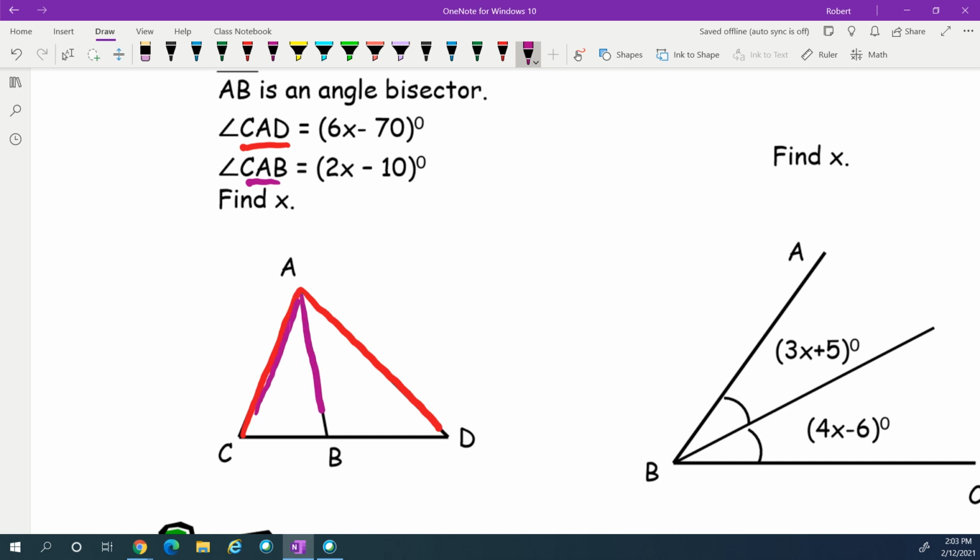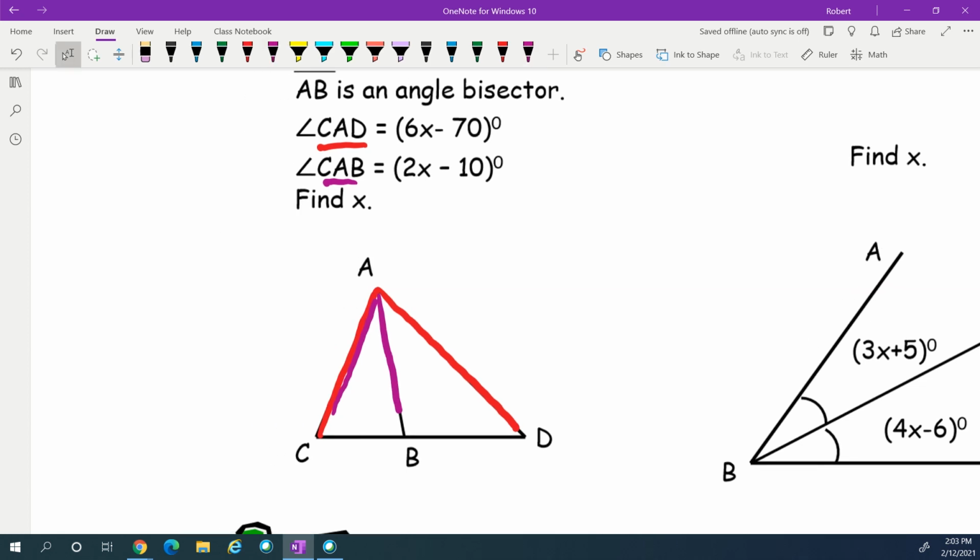So we can see that they are not equal to each other. The two small angles are equal to each other, but that's not what we have here. CAB is 2x minus 10. CAD, the whole thing, is 6x minus 70.